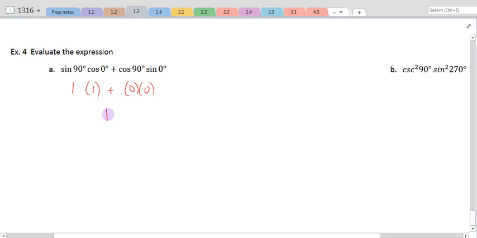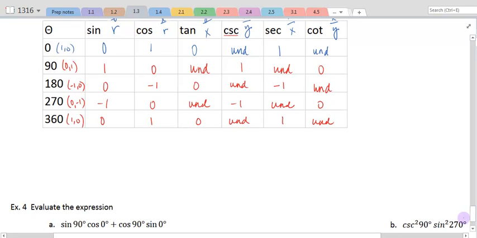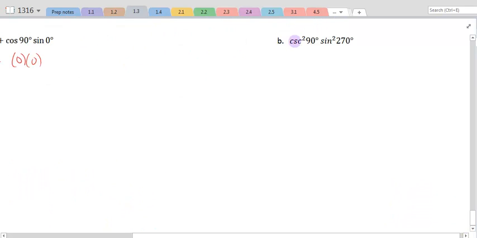Okay, now, you can look back at the chart just to make sure that we have that all going right. But I can tell you right now you're going to want to memorize that. Okay, let's look at this next one. This next one says the cosecant squared, that's how we write that, so the cosecant squared of 90 times sine squared of 270.